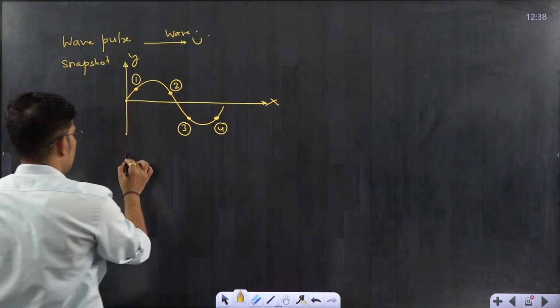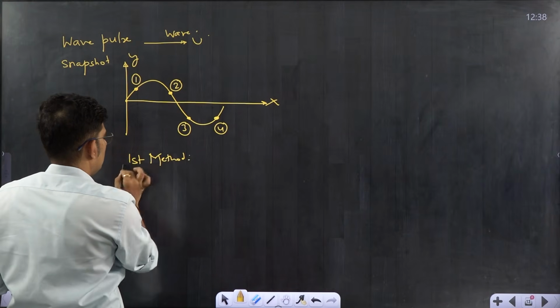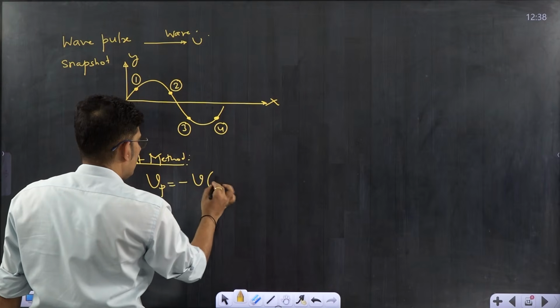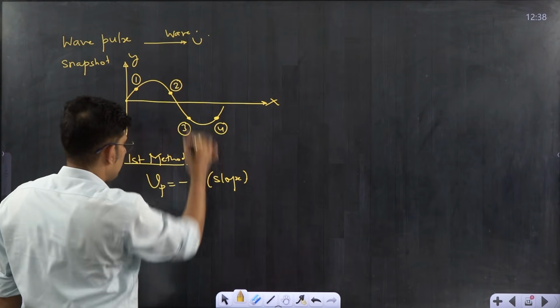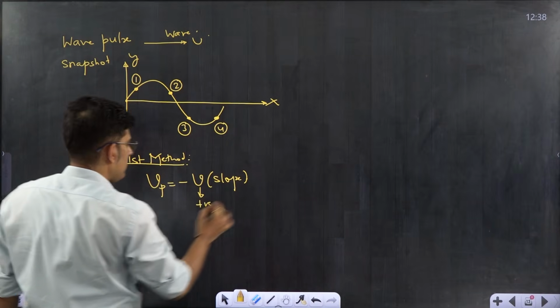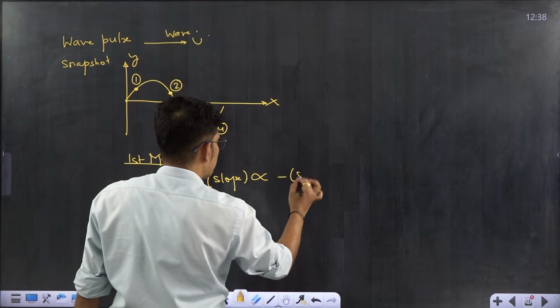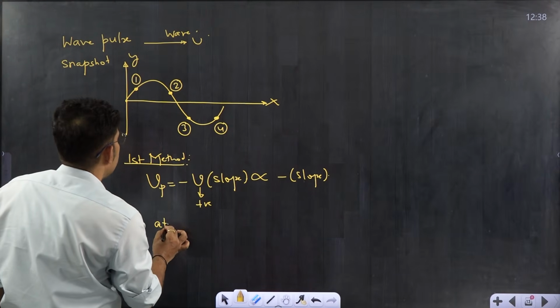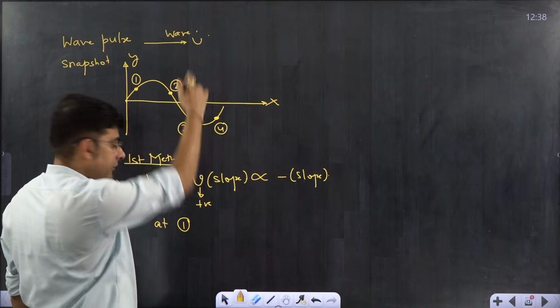Okay. So first method, now see, particle velocity is minus V into slope. So V, you can see it is given right side to positive. So Vp will be proportional to minus slope. Now you can see at point 1 graph is going up, point 4 also graph is going up.